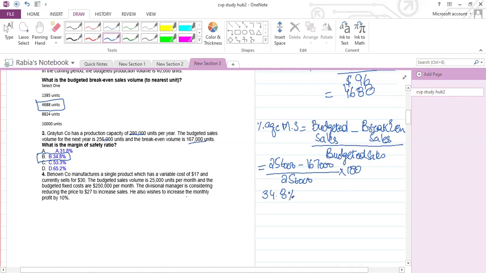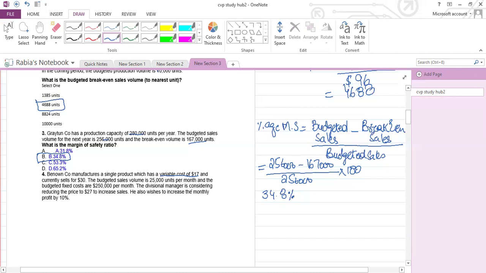Now, the next question. Ballon Company manufactures a single product which has a variable cost of 17. What is your variable cost? Variable cost is 17. And they currently sell for 30. What is your selling price? That is 30. The budgeted sales volume is 25,000 units per month, and the budgeted fixed cost is 250,000 per month.